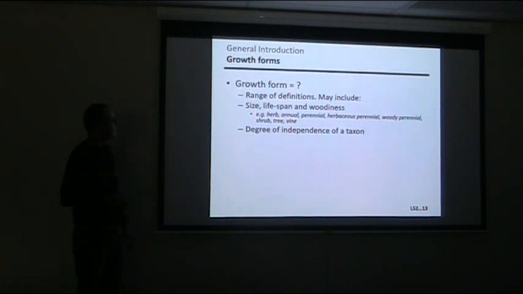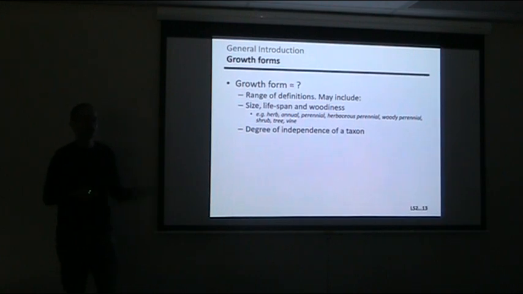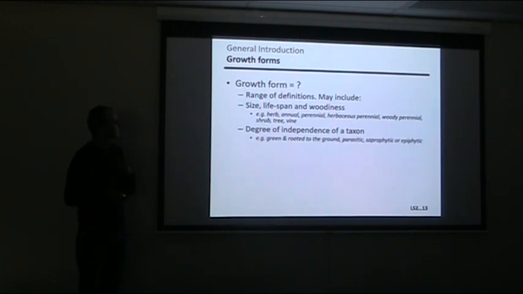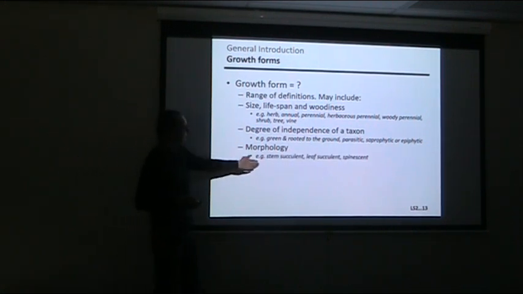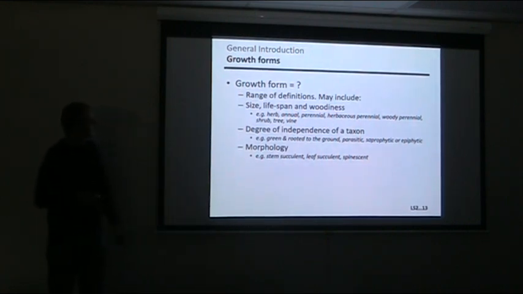And what it is that's beyond what your species name is. It's beyond taxonomy. The morphology can be included, like whether it's a stem succulent, leaf succulent, whether it's got thorns, something along those lines.